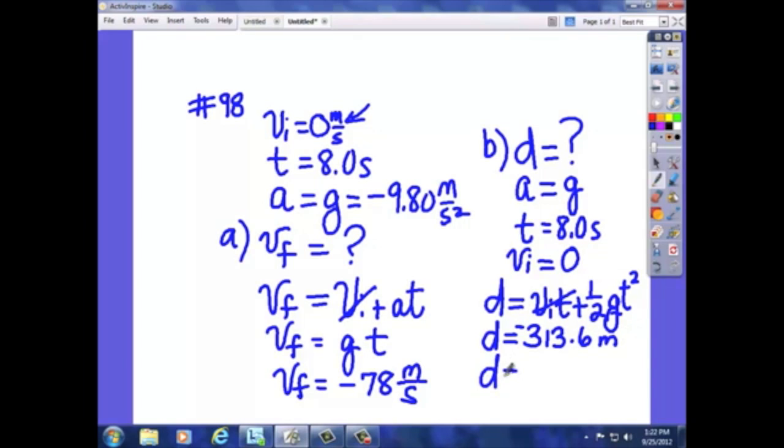I look at my significant figures, and again, I'm limited by this 2 significant figure time. So I'm going to say that the displacement is 310, and it's going to be negative because that's how my calculations came out, downward 310 meters. And that is the second answer in question number 98.